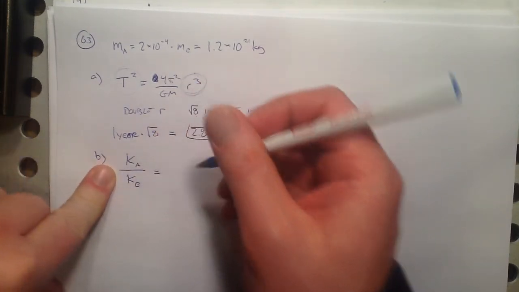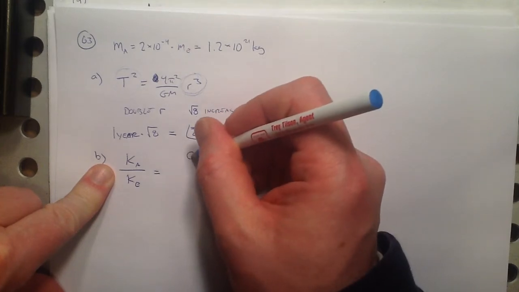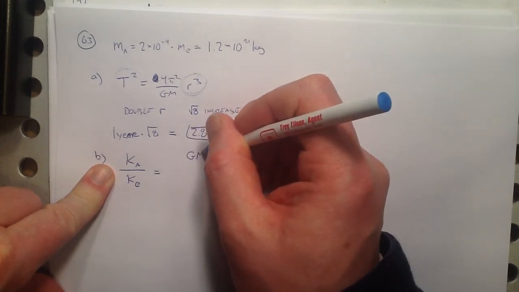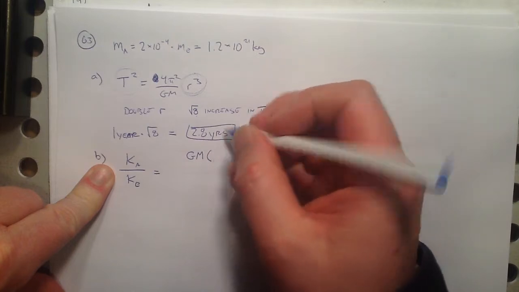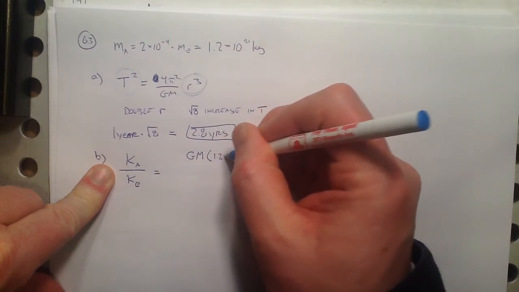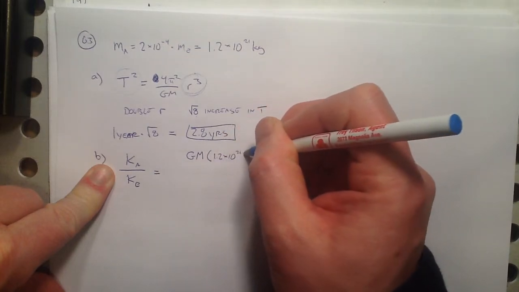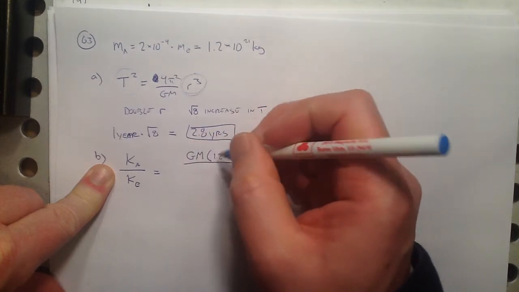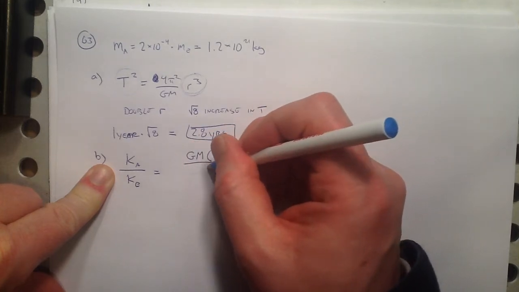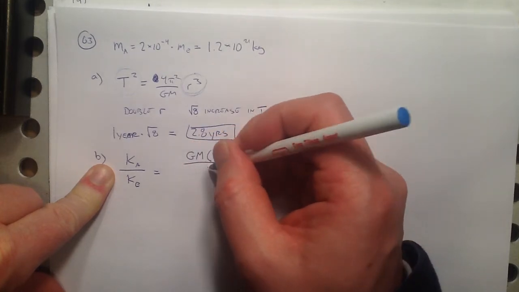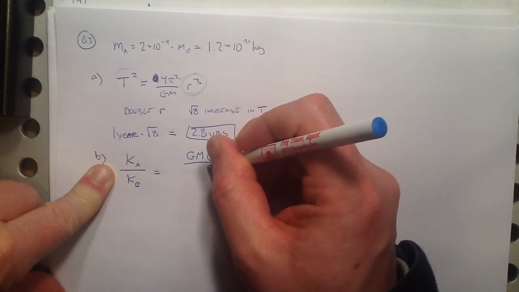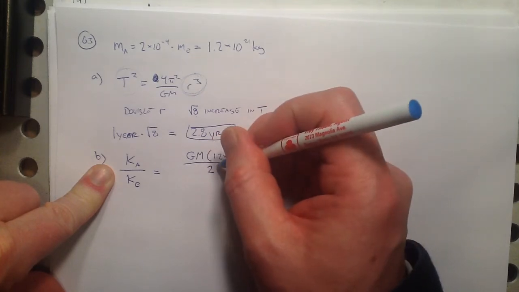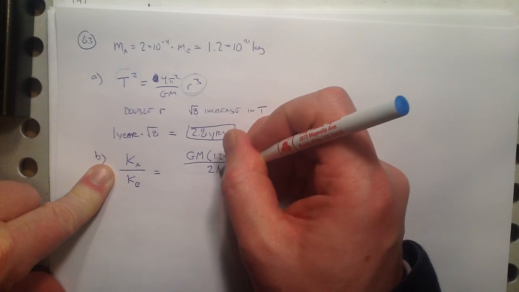The asteroid, we've got kinetic energy be G, M, over R, and the R here is 2 astronomical units.